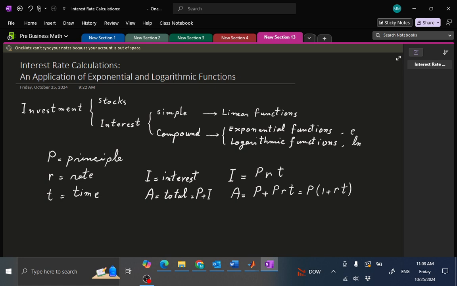And that is where the problem gets a bit more complicated, and exponential functions come in and logarithmic functions come in, depending on what you expect to calculate. So for simple interest, it's just ordinary multiplication and division and so on. But what we are going to get into now is going to be a bit more complicated.